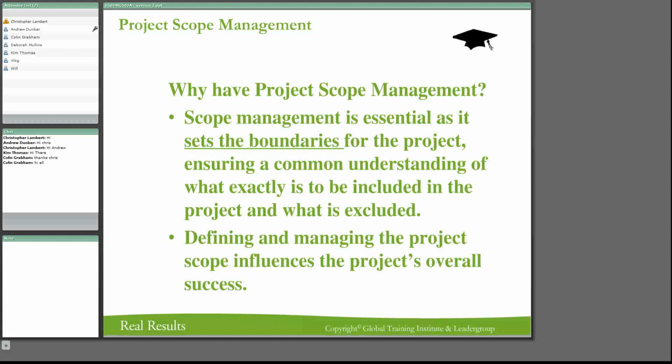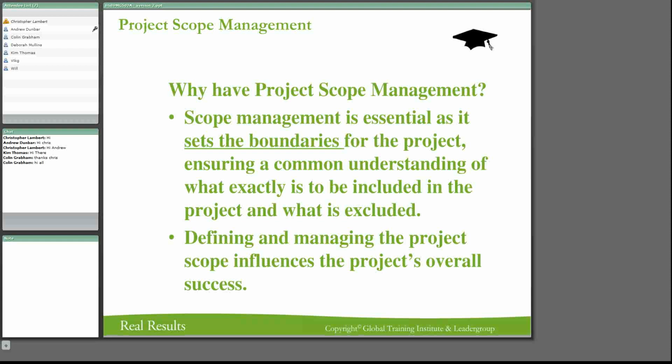If we look right at the beginning, at some of the things that cause project failure, it was actually inadequate project definition and scope definition, because scope creep can kill a project very, very quickly. So that's where we look at scope management.